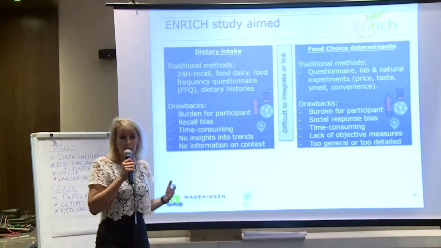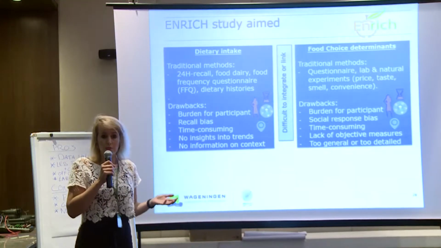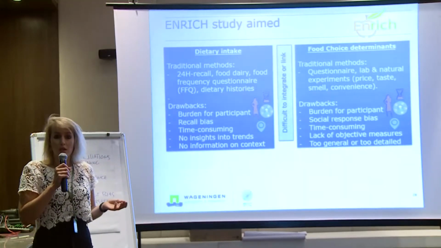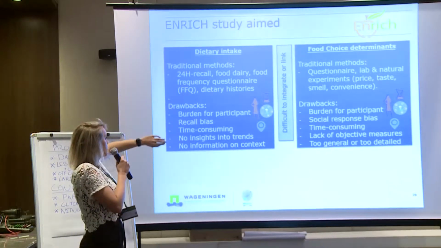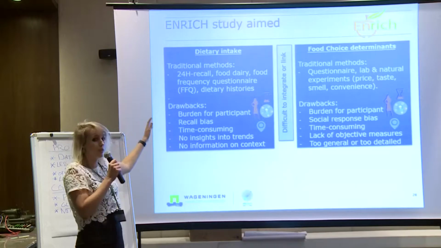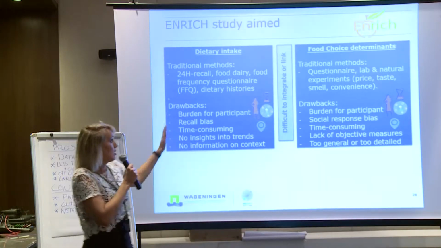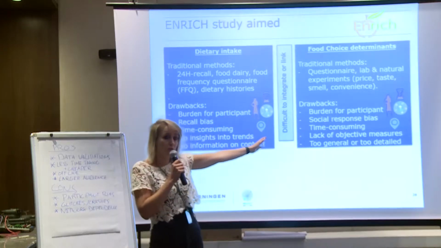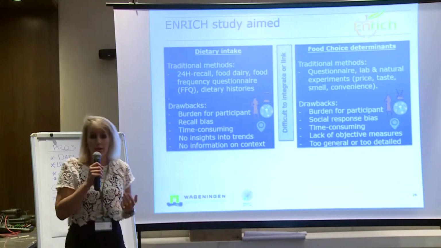And in these two research domains, we have different tools or different metrics that we use to collect our data. For example, when you look at the dietary intake, you've got the 24-hour recall, you've got the food diaries, and on the other side, we also use a lot of questionnaires in our research domain, or we use lab or natural experiments.